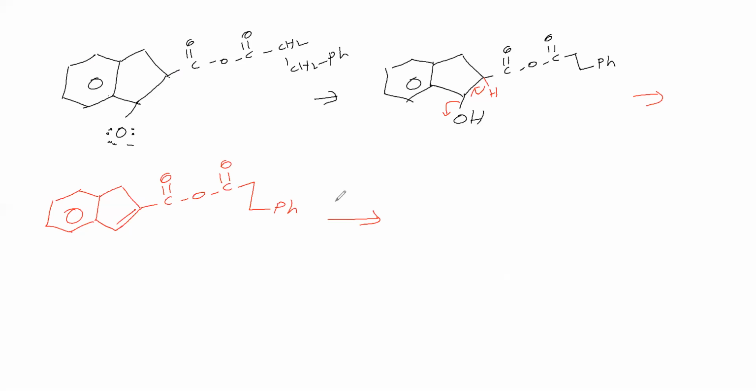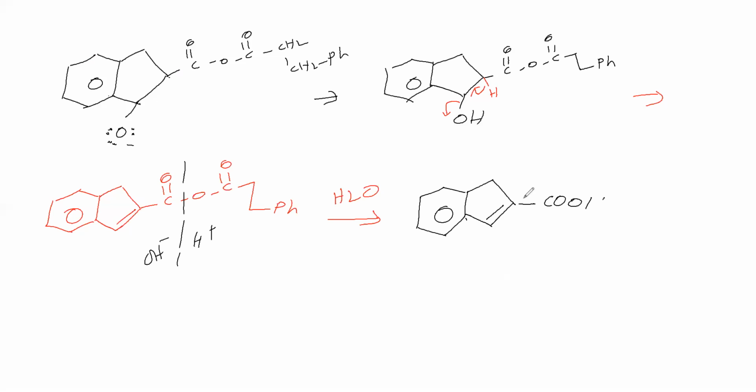Next step is hydrolysis. Here H plus and here OH minus we are writing. So the right side is leaving as carboxylic acid. On the left side we are also getting carboxylic acid. This is an alpha beta unsaturated carboxylic acid we are getting, therefore it is a Perkin reaction.